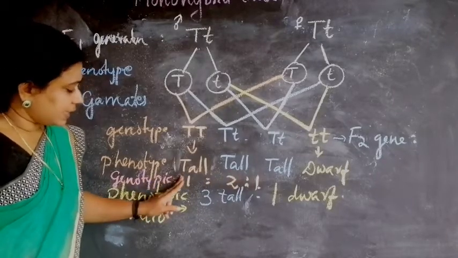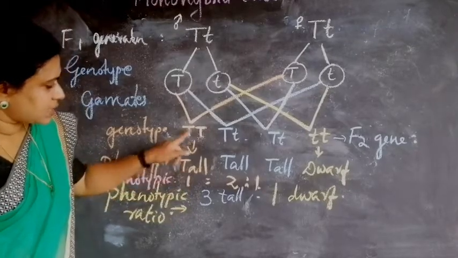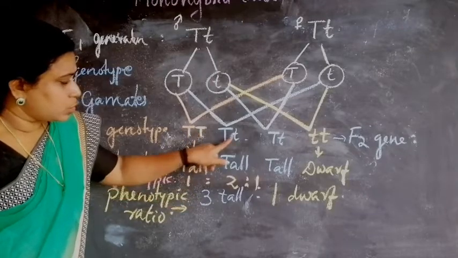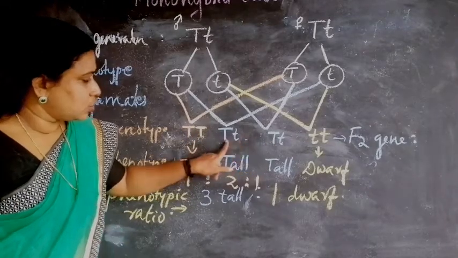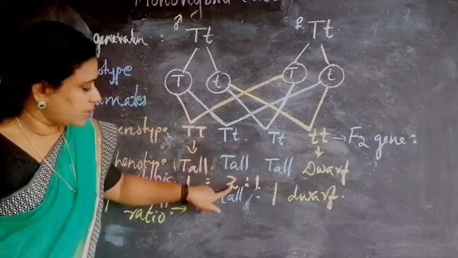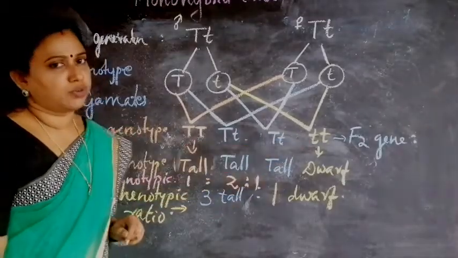That is the genetic representation. We can write it as 1 capital T, 2 hybrid plants, that is plants with 2 contrasting genes, and 1 dwarf.